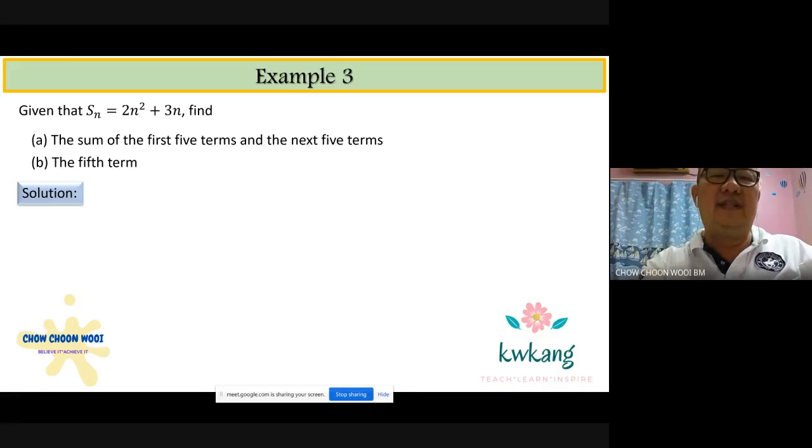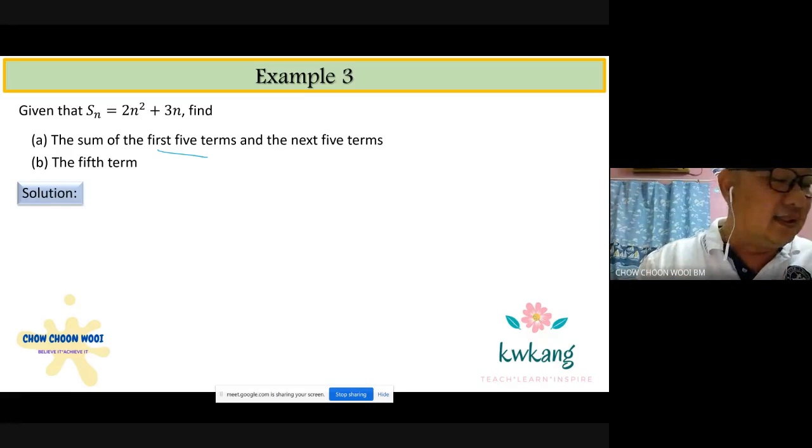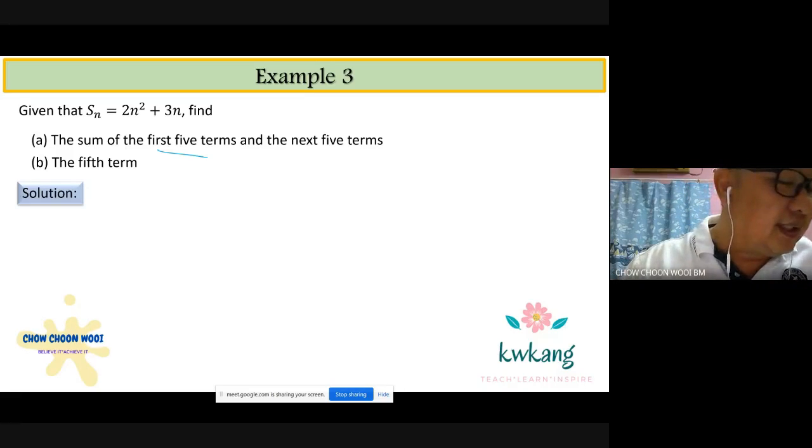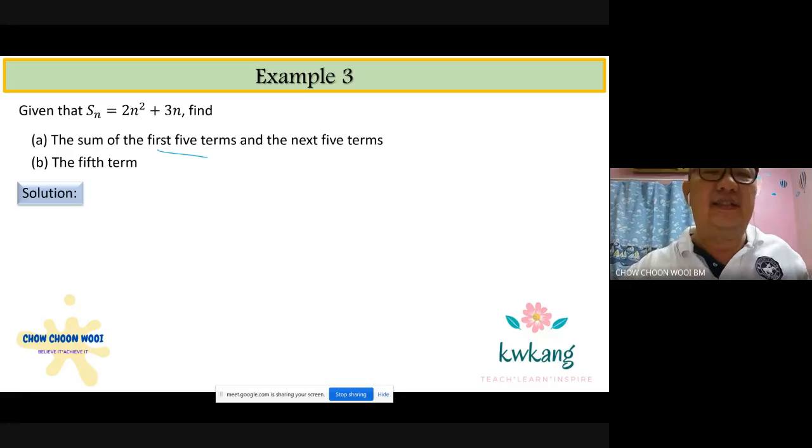Apa simbol dia, in mathematics notations? Okay, Mitri, very good. Dia suruh cari S5. So, what is the answer for first 5 terms?